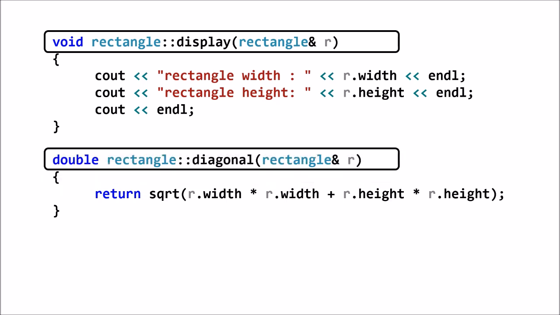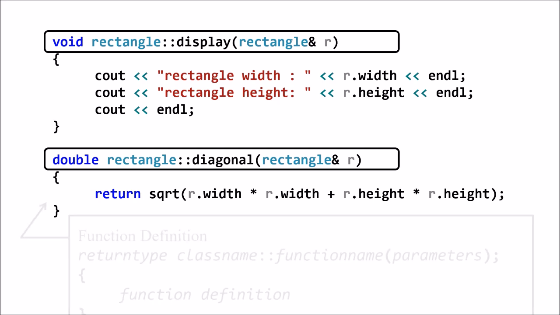The second function returns a type double number. It is of the class rectangle, then the double colon operator, and the name of the function is diagonal. I want to return the value that is the diagonal measurement of our rectangle, and it takes as a parameter the address of a type rectangle object, and that is assigned to the local variable called r.